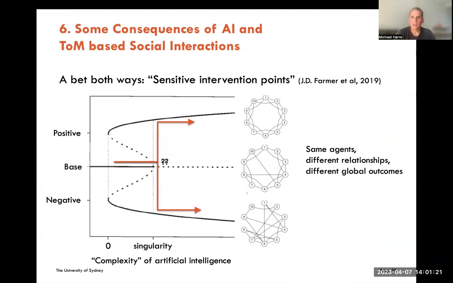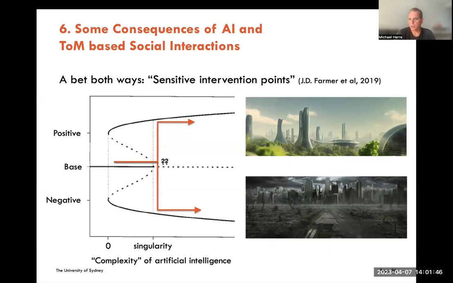And so it is up to us, perhaps, to produce artificial intelligences that have a particular structure within society, interact with us in particular ways, that give rise to alternative outcomes that we want to have, as opposed to obviously outcomes that we don't want to have. How do we actually go about doing that? And that's a far more interesting question than simply the world's going to end in one direction or the other. And of course, if we get it right, we end up in a positive utopia. And of course, if we get it wrong, potentially, we get into the dystopia that people are worried about, rightfully so.